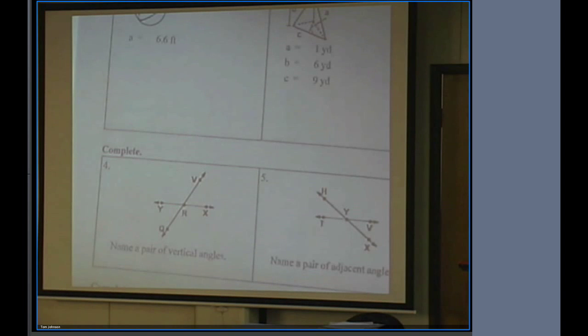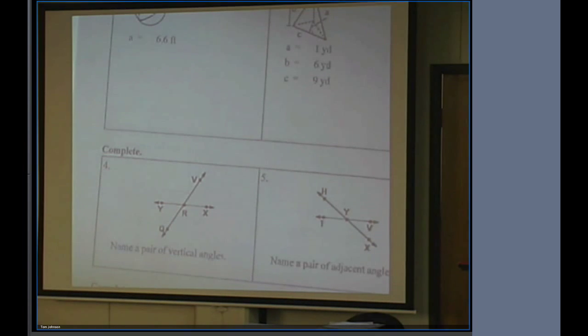So I would say when I have two lines that intersect, the angles that are not adjacent form vertical angles. So now I've used two vocabulary words: adjacent angles and vertical angles.